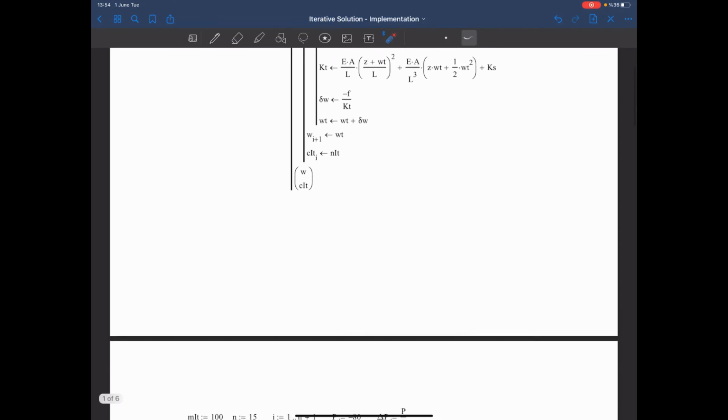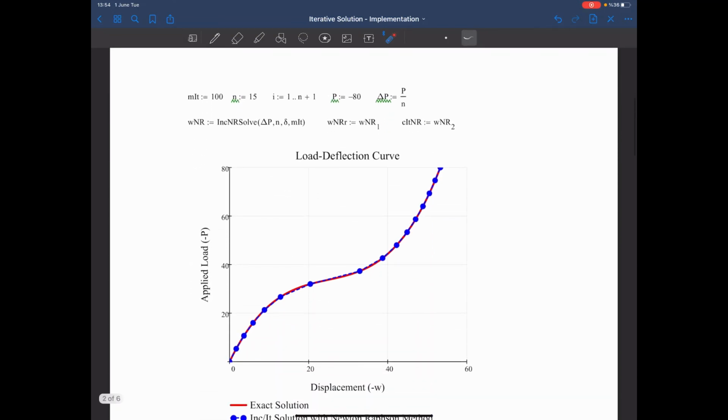Now let's take a look at the results. So with this way, I use only 15 increments. So I get 15 equilibrium points on this full load deformation curve. And at every step, I'm converging to the equilibrium point, and I find a point on this load deformation curve.